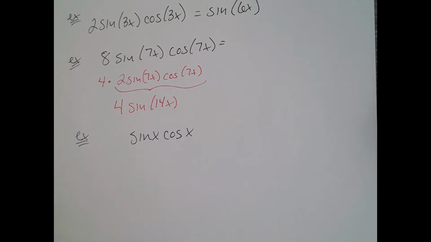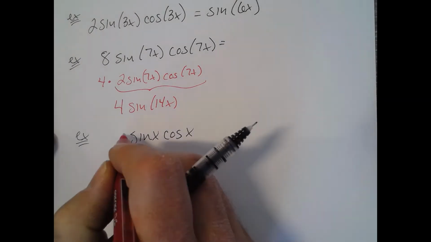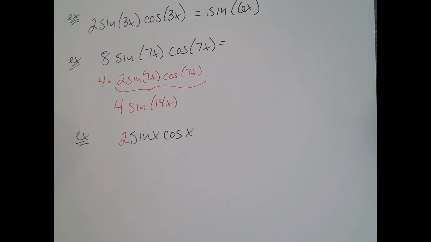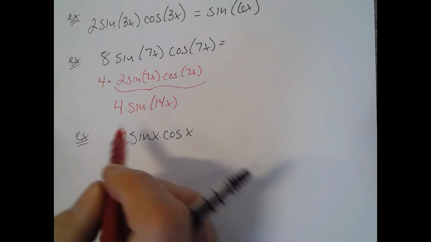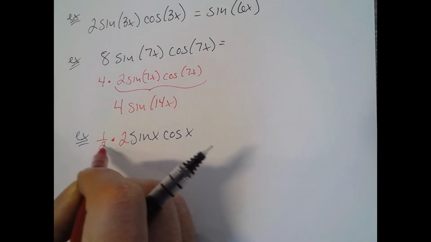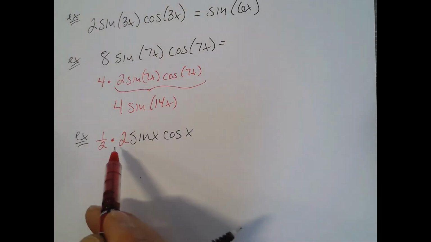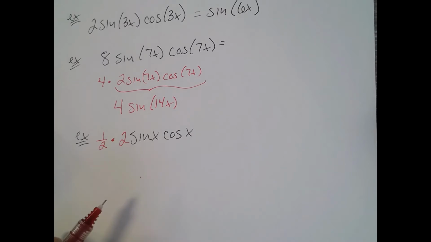So let's give it a 2. Can I just put a 2 out front? No. What do I have to do afterward? Take half of it? Yeah, so I'm going to put a 2 there, and I'm also going to put a 1/2 there. So really, 1/2 times 2, I multiplied this amount by 1 here. 1/2 times 2 is just 1.